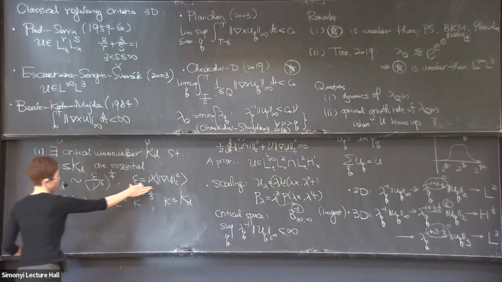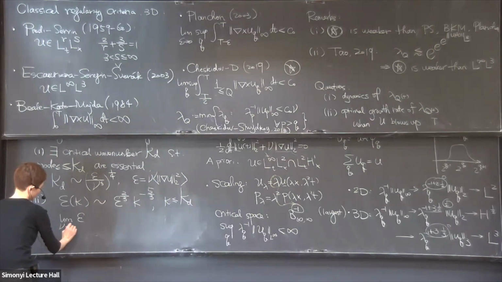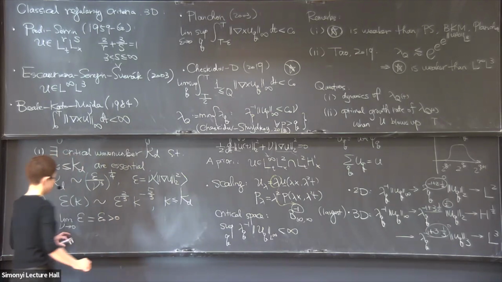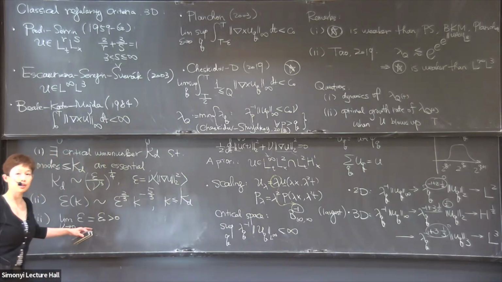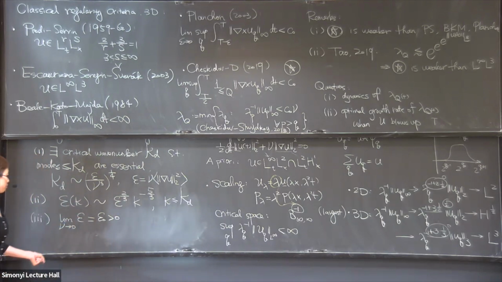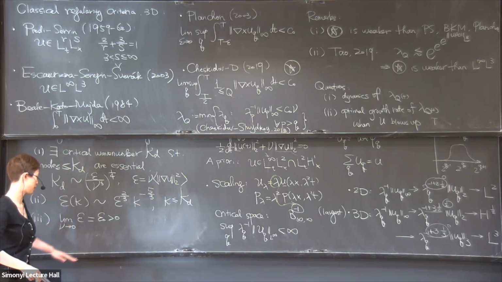Third, it's about the average dissipation rate: this epsilon does not converge to 0 as the viscosity goes to 0. So all three are phenomenologies. This one is actually a major open problem, a conjecture, the anomalous dissipation.